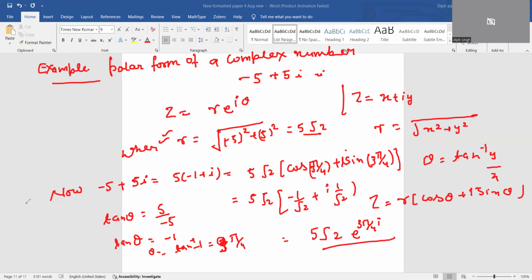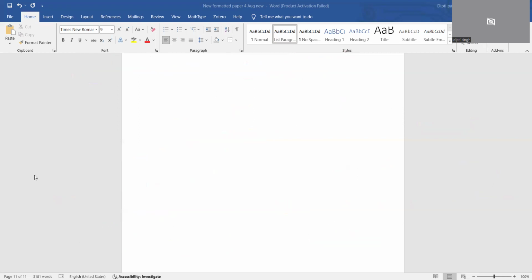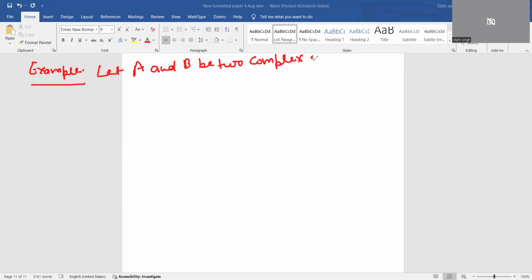The next example is: let A and B be two complex numbers such that A upon B plus B upon A will be 1.